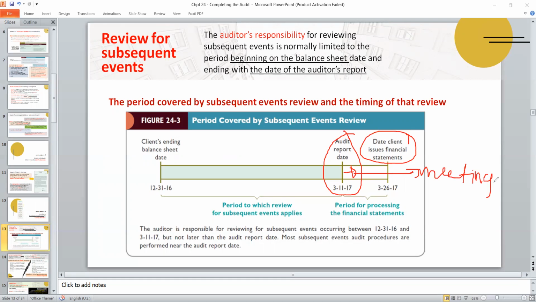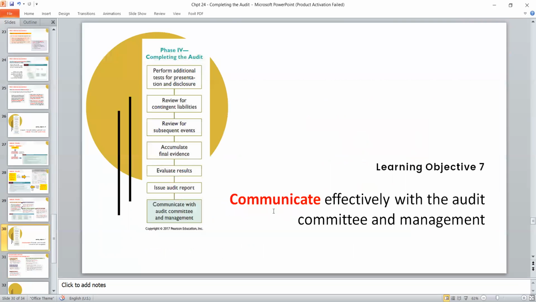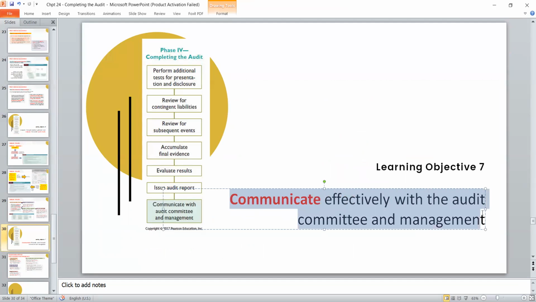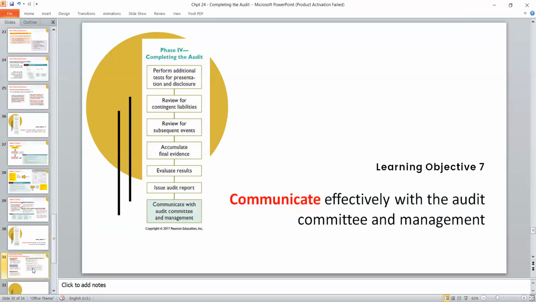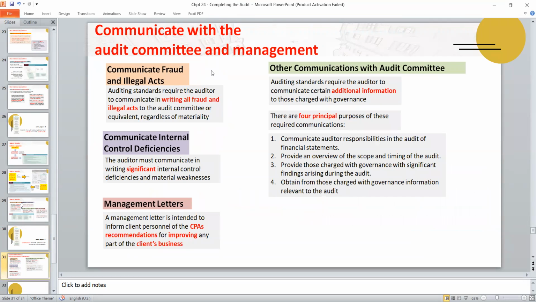The auditors and the management have meetings, called communicating effectively with the audit committee and management. So what kind of communication do we need to have in the meetings?